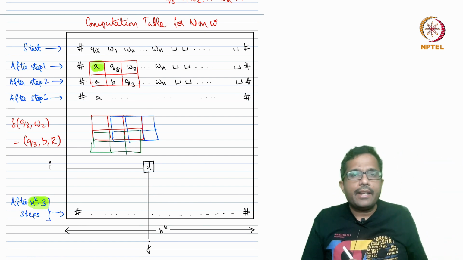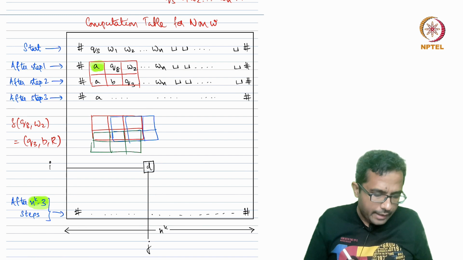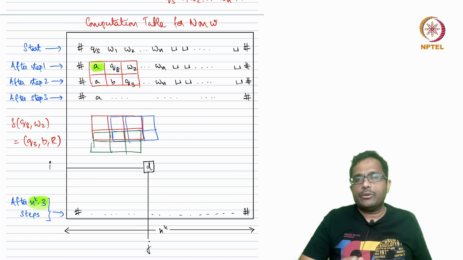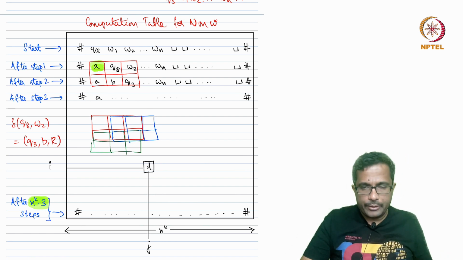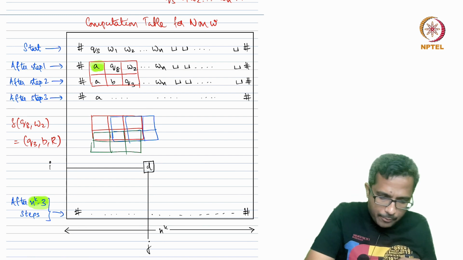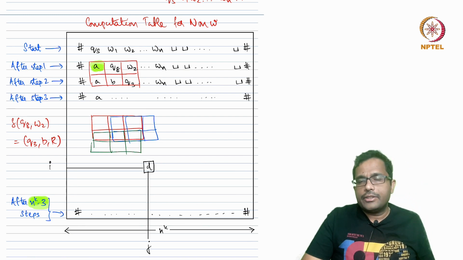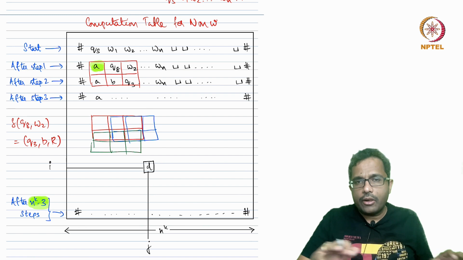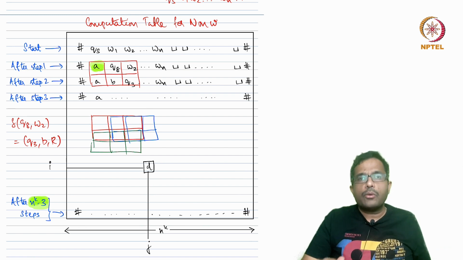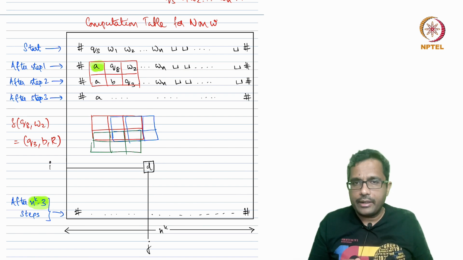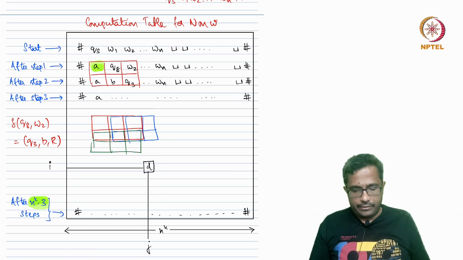We cover the entire table using these 2 by 3 windows, and then we check that these windows are valid. This is going to be the strategy. Think about the entire table covered with these 2 by 3 windows, and we are going to check that all these windows are valid. Now what constitutes a valid window is what we have to explain, and why covering and checking these 2 by 3 windows is enough.